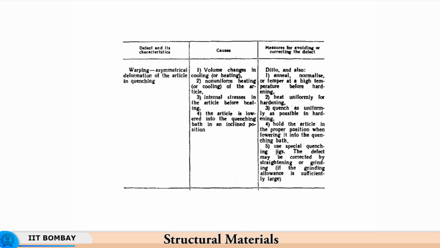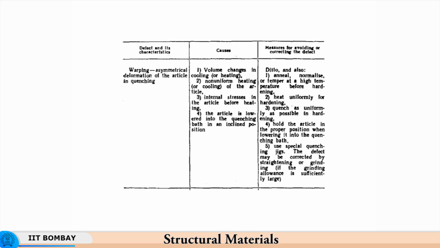So, again just as we said, the heating should be uniform, the quenching also has to be at a uniform rate, and this becomes a little complicated, particularly in case of parts having large cross sectional changes, because maintaining a uniform quenching rate becomes a little difficult, because wherever the cross section is thin, the quenching rate will be much faster.